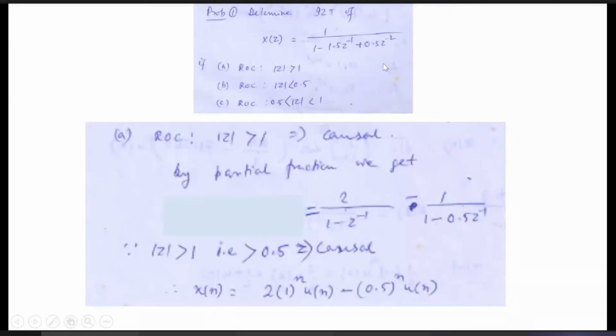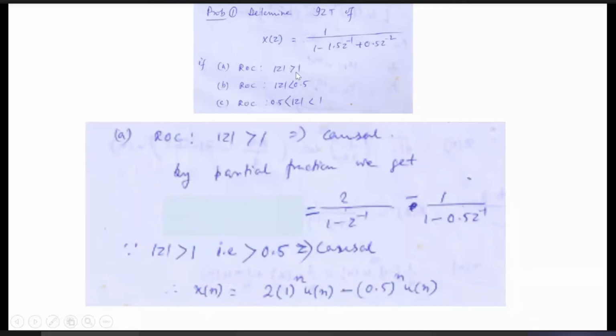Determine the inverse Z transform of this expression: 1 by 1 minus 1.5 z inverse plus 0.5 z to the power minus 2. There are three cases. ROC is mod z greater than 1, that means it corresponds to a causal sequence.